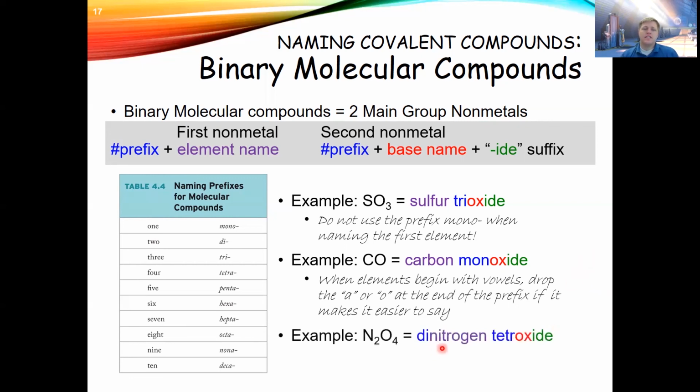And here's another example where we have N2O4. So here we have 2 nitrogens. You'll notice we're finally putting a prefix on the first element. So this would be dinitrogen. And here we have tetroxide. We don't have tetraoxide. We have tetroxide. So we've dropped that A from the tetra because oxide begins with a vowel.